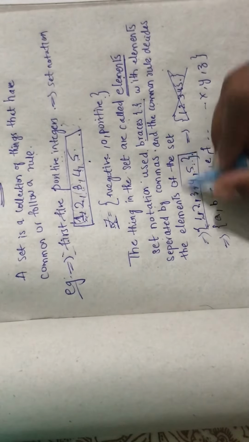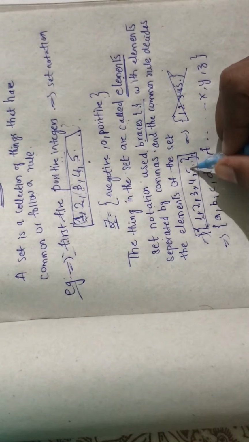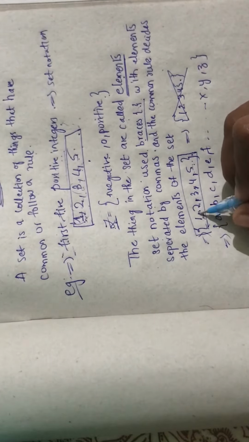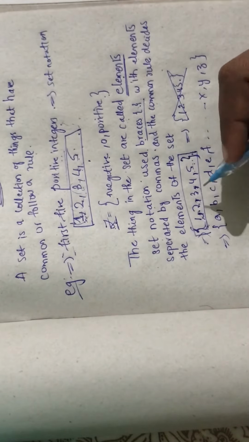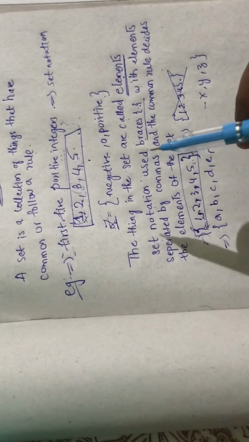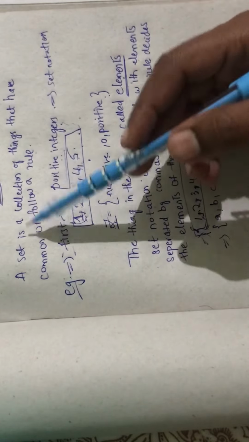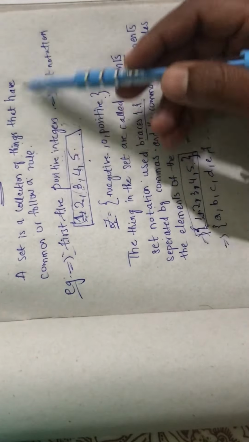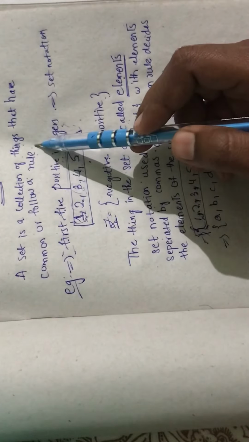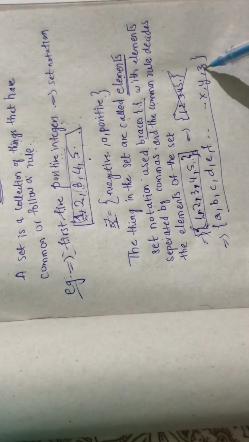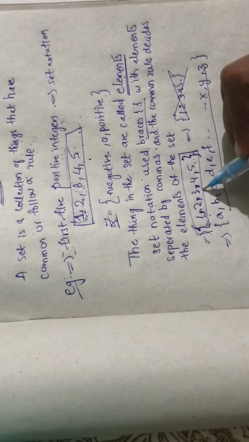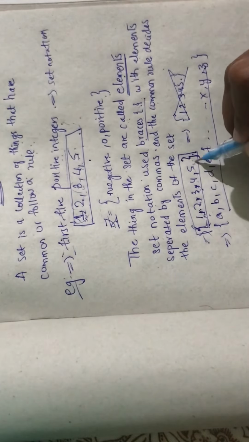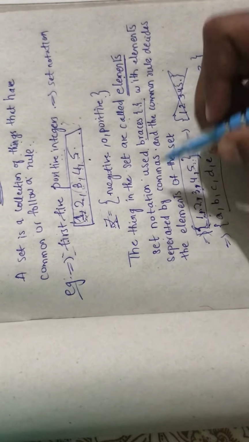Here this set consists of 5 elements, separated using commas, and it is represented using braces. Mostly you have to remember 3 points. First, a set is a collection of things that have something in common or follow a rule. Here the rule is alphabets in the English language; for the other example, first 5 positive integers is the rule.